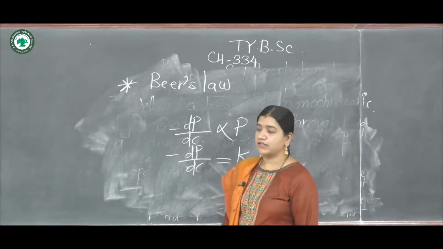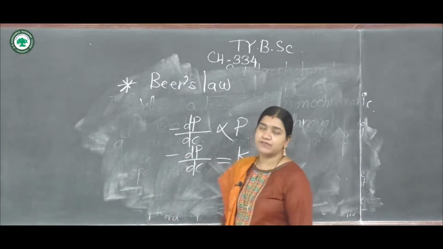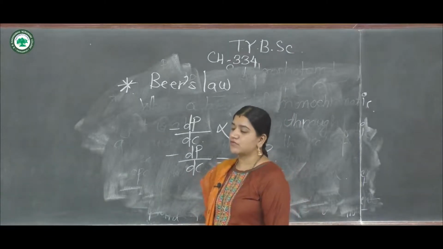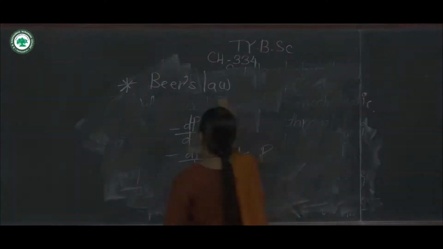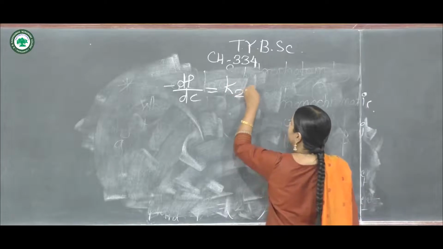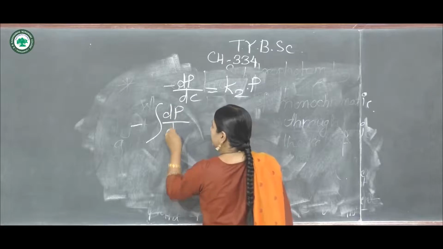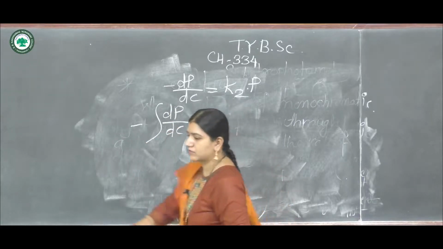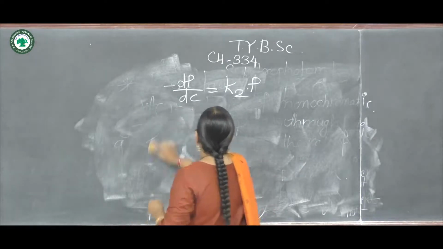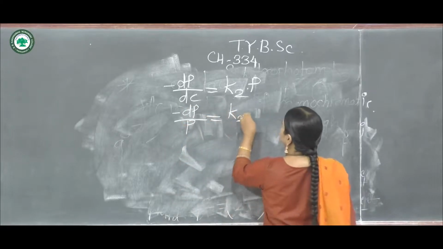We have to integrate both the sides between the limits of P0 to P and C equal to 0 to C equal to C. First we will rearrange it. Minus dP upon P is equal to K2 into dC.